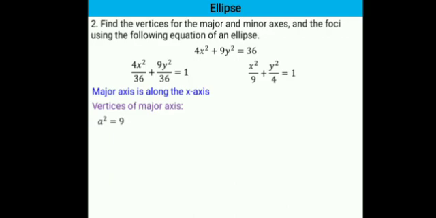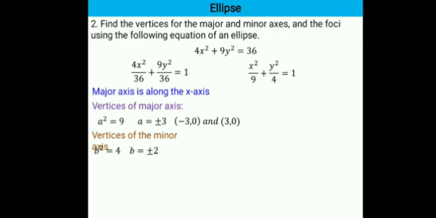Vertices, we have here a squared is equal to 9. That is now a is equal to positive negative 3. And that is located at negative 3, 0 and 3, 0. Vertices of the minor axis, b squared is equal to 4, so that is positive negative 2, with the coordinates 0, 2 and 0, negative 2.